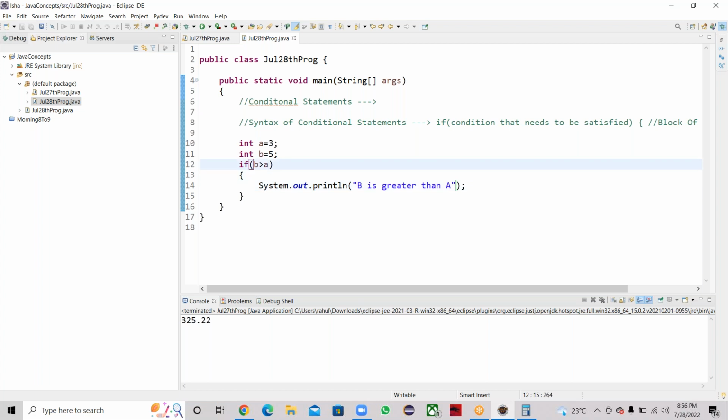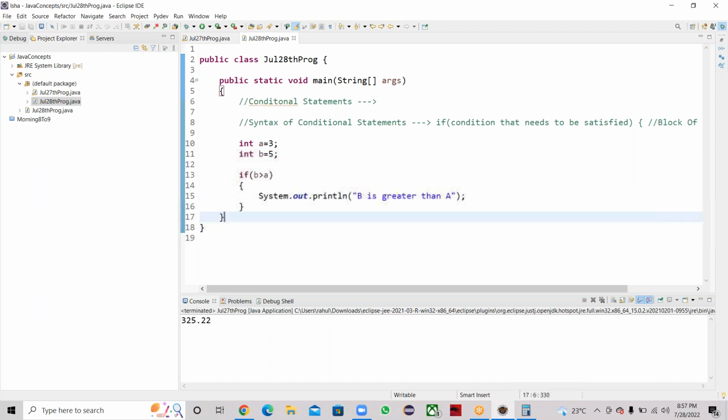What we are checking here is whether the value b is greater than a or not. So what will be the output of the program? B is greater than A. Will be 5. Okay. So b is greater than a.